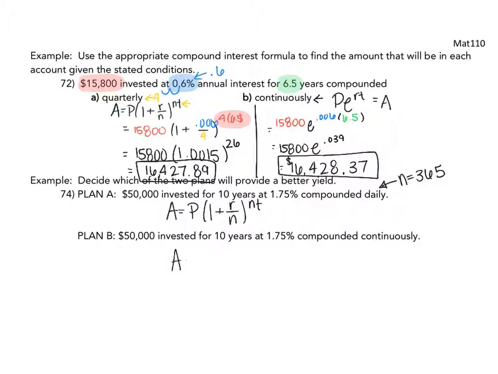And then the next one says compounded continuously, so you're going to use that formula. And you're investing the same amount of money for the same amount of time with the same rate. Again, make sure you convert that to a decimal for both of those, and you should be good.